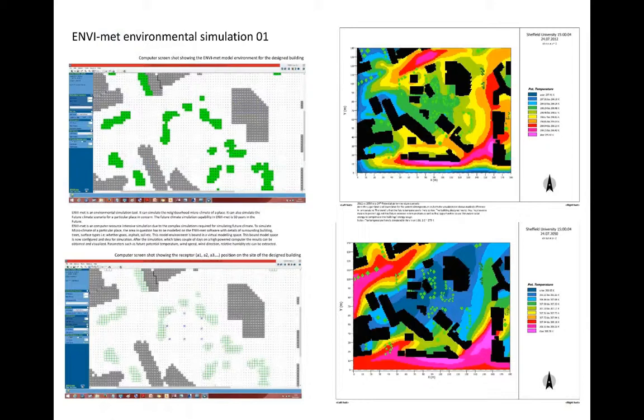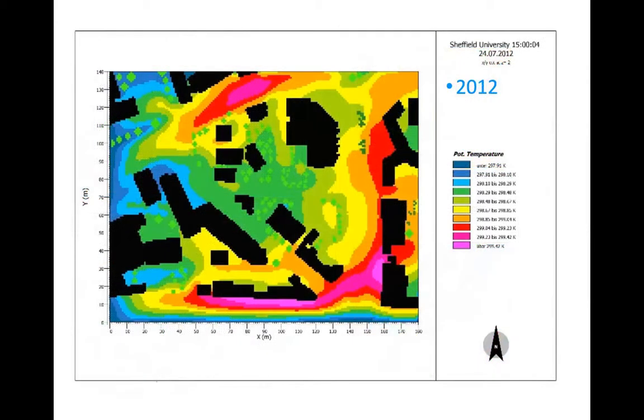Now, we're not teaching this in this module. This is a much more complex piece of software. But this was a piece of software called MVMet, which allows you to simulate urban conditions in the future. So you no longer have to work with the climate data from today. As you can see, it's not a very graphic piece of software.